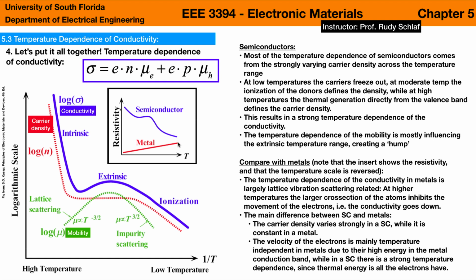And the main difference for this behavior is that in metals we have a constant number of carriers, because it's just the electrons in the electron gas. All the valence electrons participate.